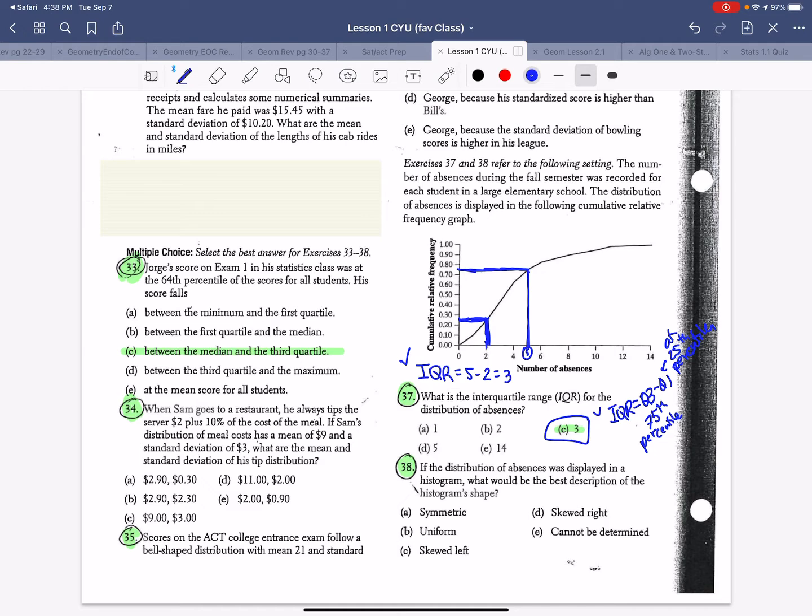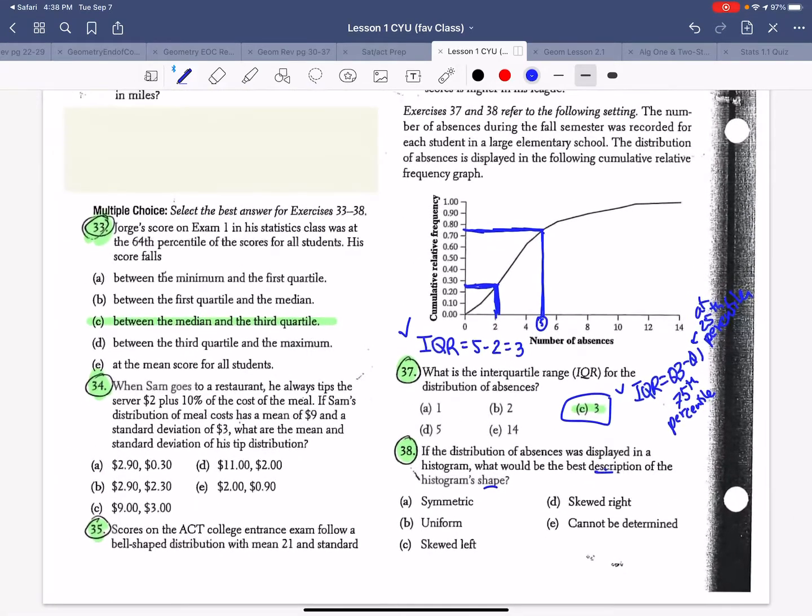All right, definitely 38. If the distribution of absences was displayed in a histogram, what would be the best description of shape? Ooh, this is very interesting. So I have to kind of think about this. I'm going to erase this just so I can see this. I'm noticing this is like tapering off, right?